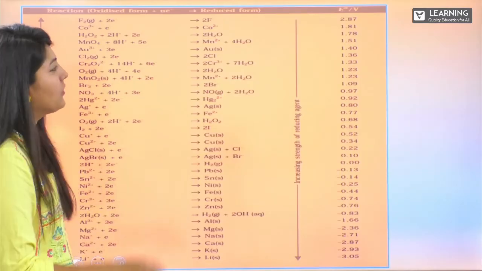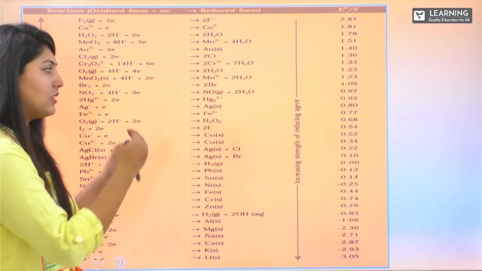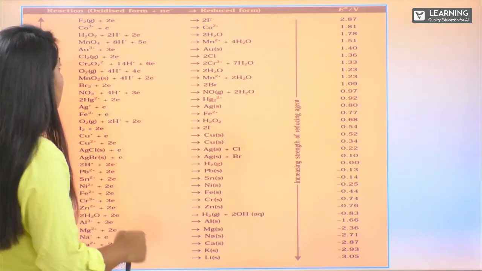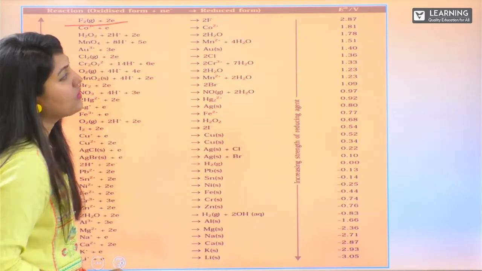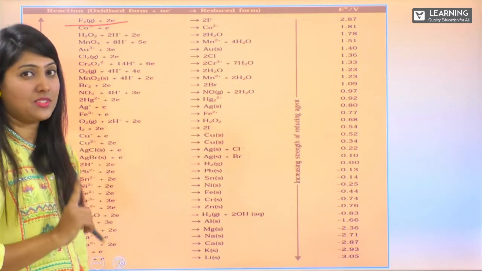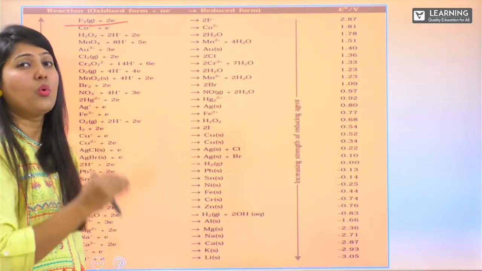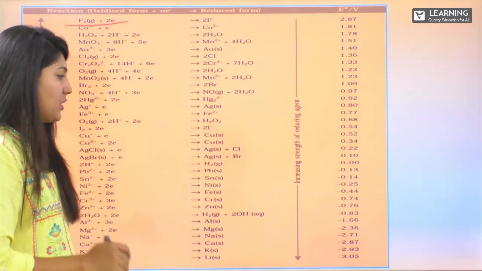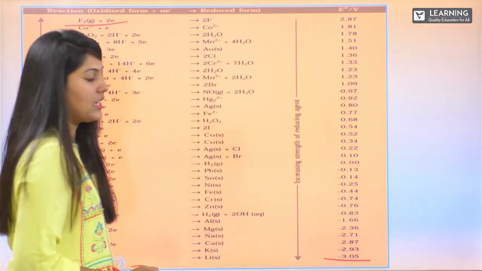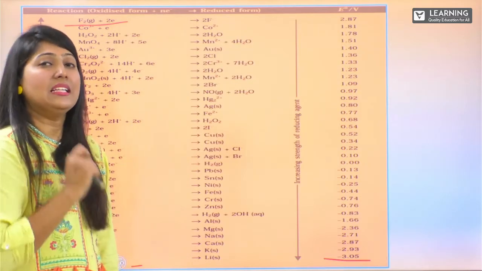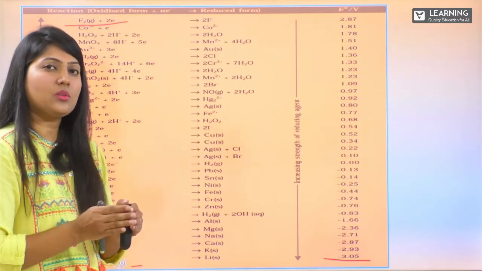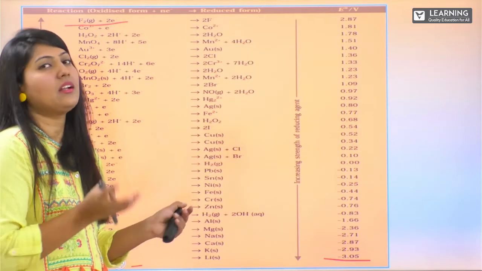So here are some examples, the list of standard electrode potentials. If you see, we have fluorine which is having 2.87, that means it is positive, and that is acting as a weak reducing agent. If you see here lithium, lithium is having minus 3.05, that means lithium is a very strong reducing agent. We know that reducing agent and oxidizing agent are reverse matters.